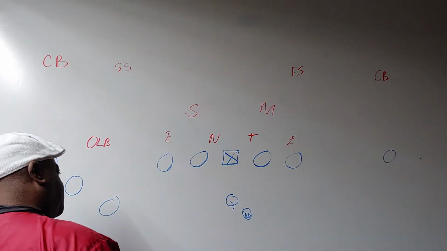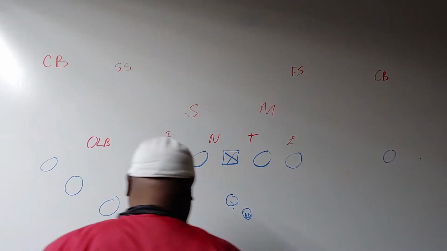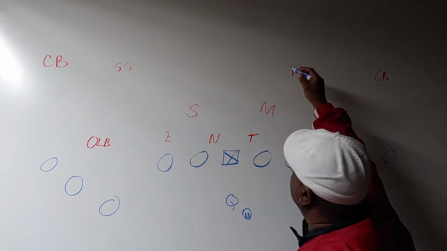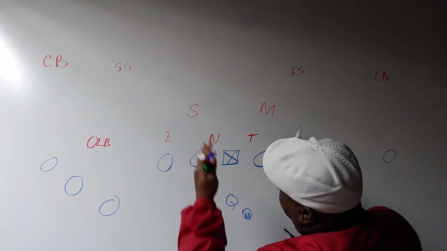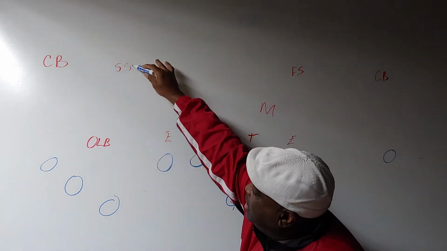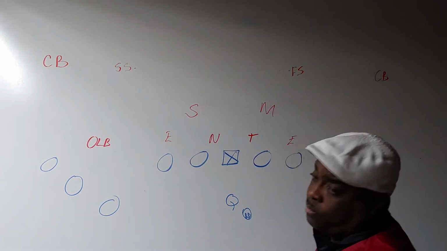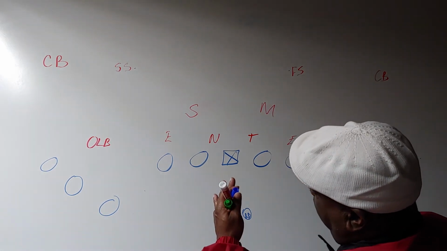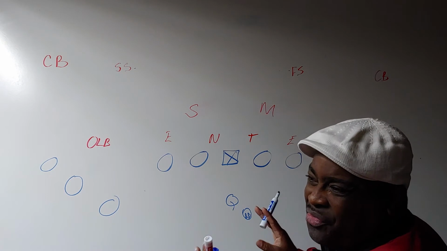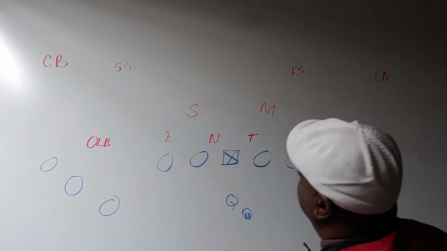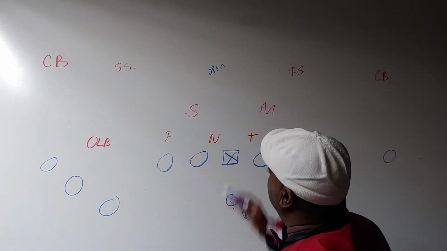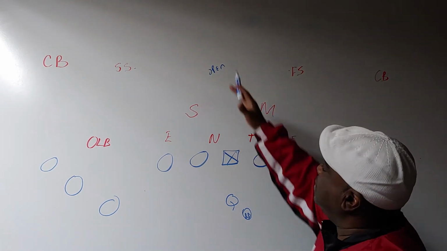Now, as the quarterback, you're looking. Your first thing is narrow vision. You look to see where the safeties are. Safeties are almost in the middle of the field. There's still an open field because this is open right here. If it was closed, somebody would be there.